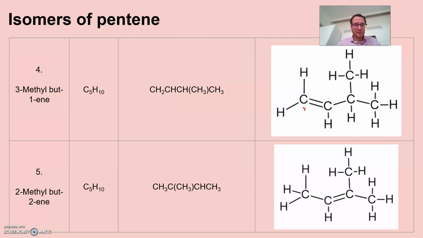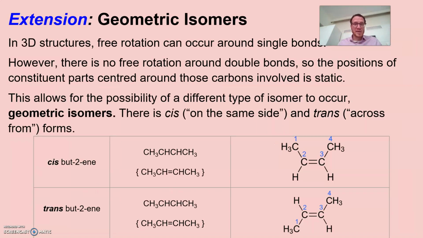And we also have 2-methylbutene, so we have a branch and a double bond coming off that second carbon. We wouldn't have 3-methylbutene, because we want to count from the closest end.